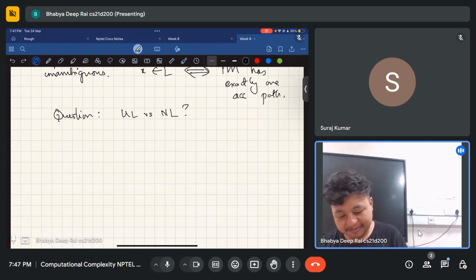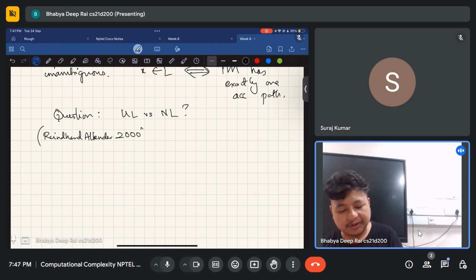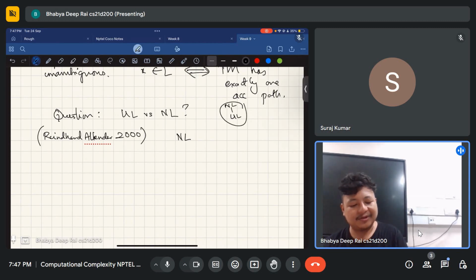So here's a nice theorem which is called the Reinhardt-Allender theorem, from 2000, which said that NL, and you already see from the same logic that UL is contained in NL, is contained in UL/poly.